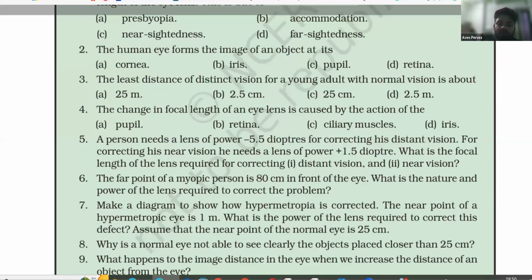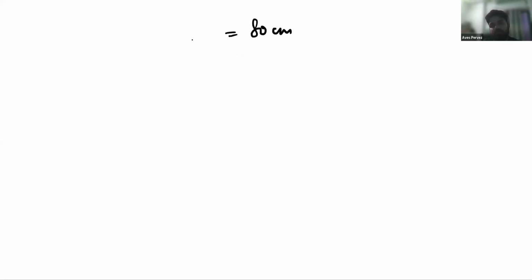If I talk about this question, let's take that he can see up to 80 centimeter. Far point is 80 centimeter. And he needs to see the object at infinity, so the image should form at the far point. Here v is infinity.